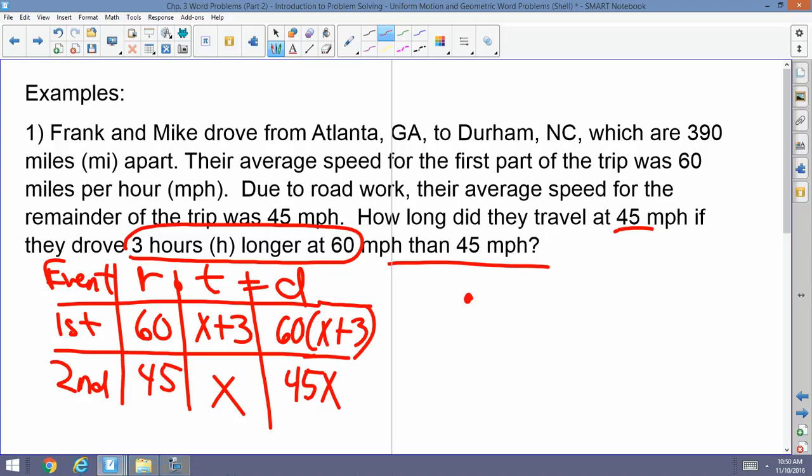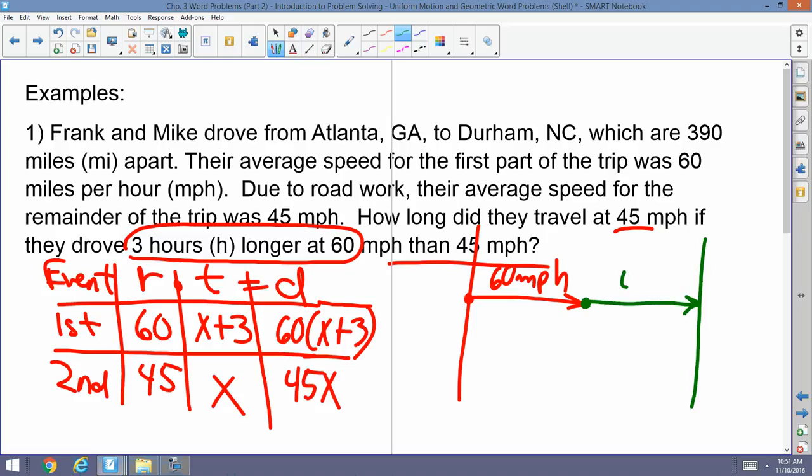Now, let's picture what's going on here. We had a first part of the trip where I'm traveling at 60 miles per hour and everything is dandy. This is my starting point. Oh, no, we got road work now. Well, now we broke up into a second part of the trip. So now from here to where we got to go, we were going at 45 miles per hour, correct?